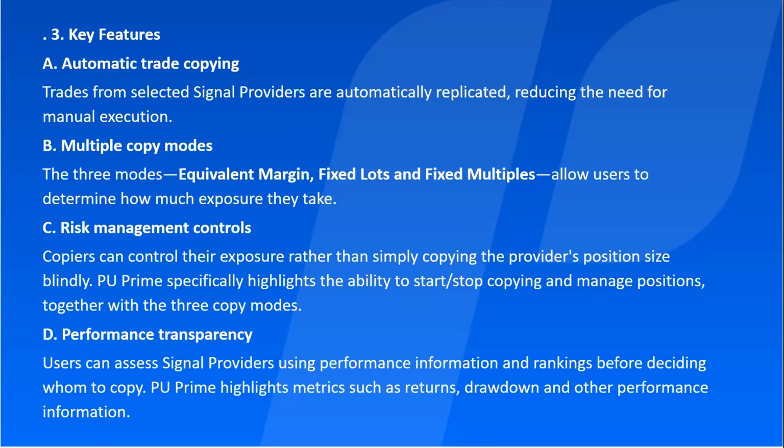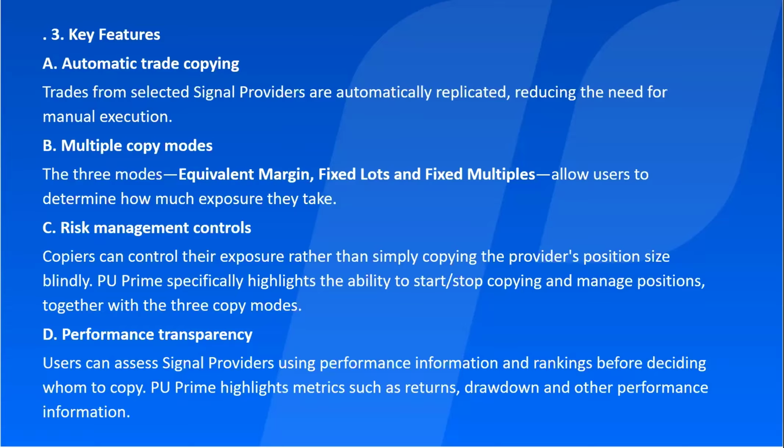Now, why I love this performance transparency: if you go to the copy trading feature on the PU Prime platform, you will see something called rankings. That is what I love about PU Prime. They usually rank the best signal providers based on the performances they have seen for that particular week. Performance is not based only on profits, it is also based on the risk.